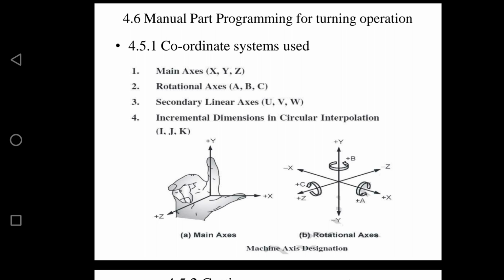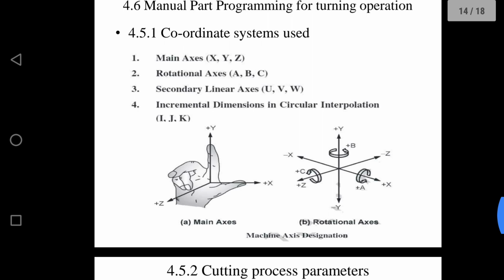If I increment the dimension in the x axis, that is taken as I; in y, that is J; and in the z axis, that is K. So this is about the coordinate systems used in manual part programming for turning operation.